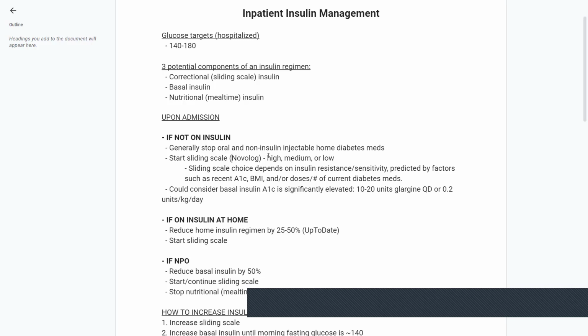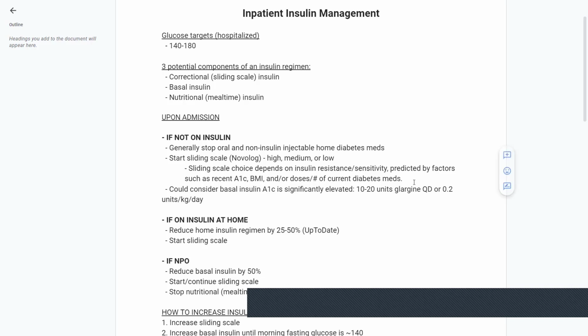With the sliding scale, you have to use some clinical judgment. If the person is really insulin sensitive, then you'd go more with the low. Some predictors of insulin sensitivity and resistance are their recent A1Cs, their BMI, and their current doses of diabetes meds or how many they're on.